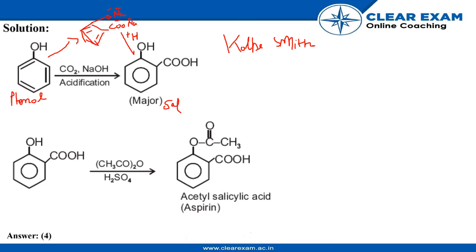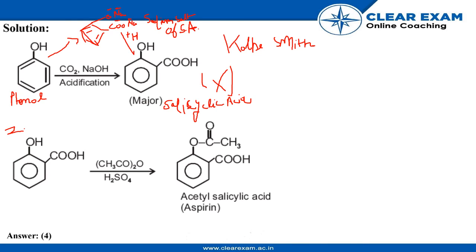This is called salicylic acid, and this is the sodium salt of salicylic acid. I'm writing the sodium salt of salicylic acid. Okay, and salicylic acid is our major product because this is what we are getting.